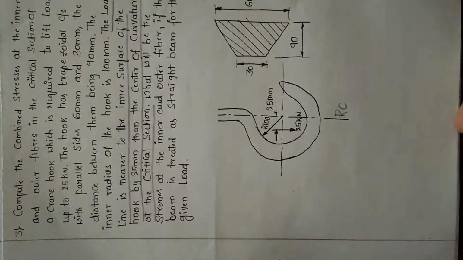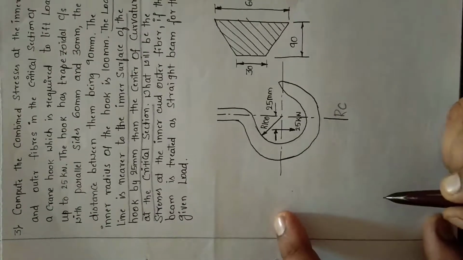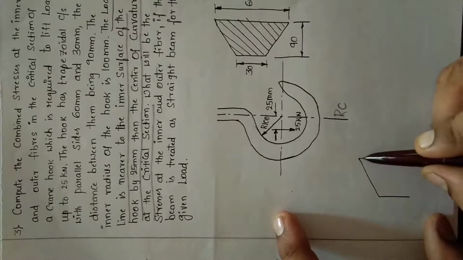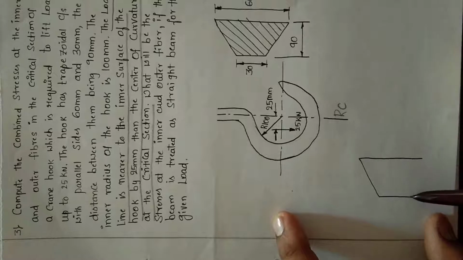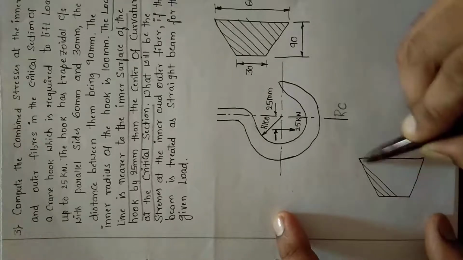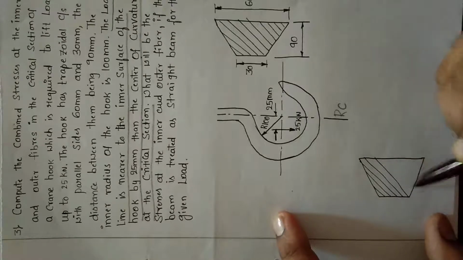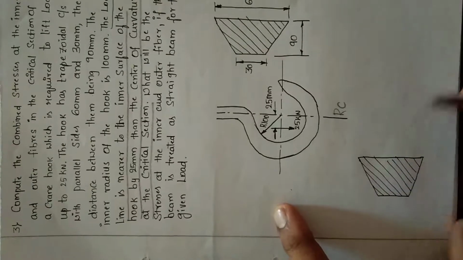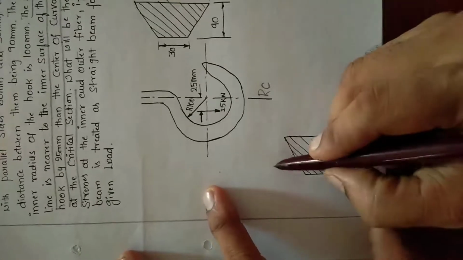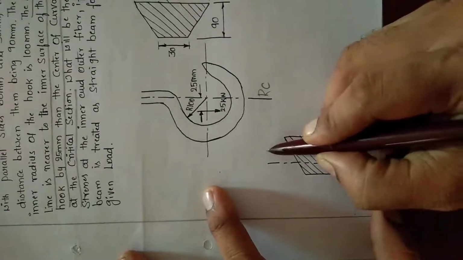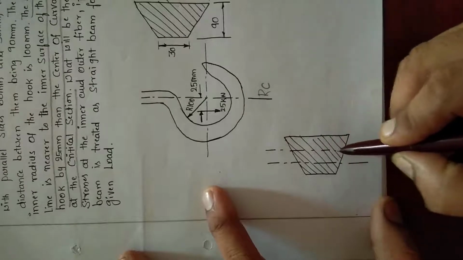So this is the trapezoidal shape we have here. I am going to draw two axes: this is the centroidal axis, and this is the neutral axis.